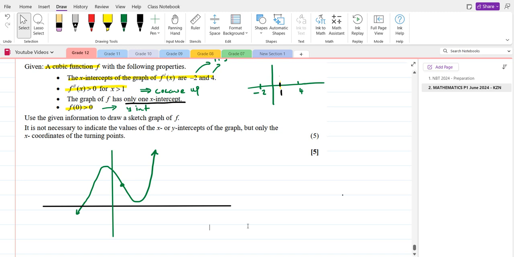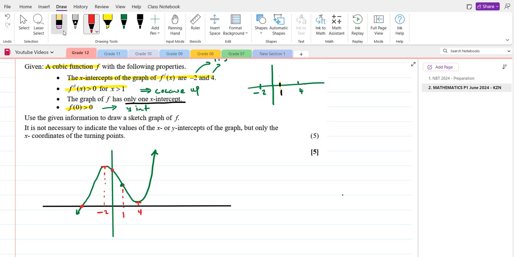Right, so now I know that this point is -2, this point is 1, an inflection point, and is concave up after 1 for x greater than 1, and there's another turning point at 4, right? And -2 is the turning point. The y-intercept is positive, and there's only one x-intercept. Perfect, right? That's the best I can come up with.